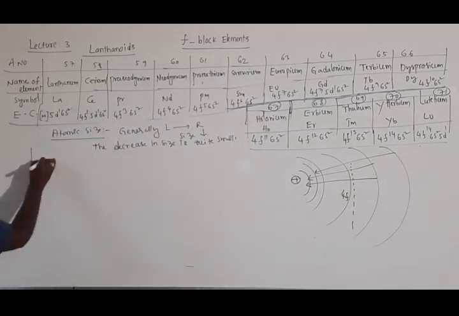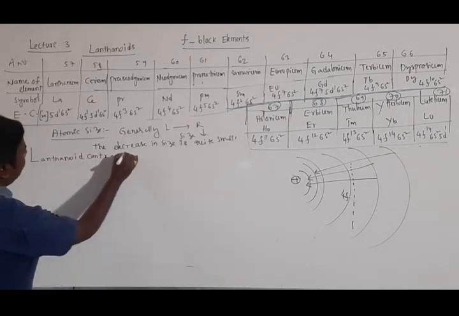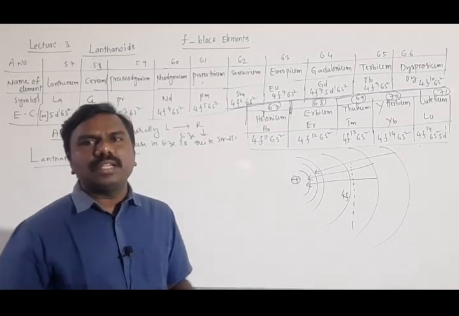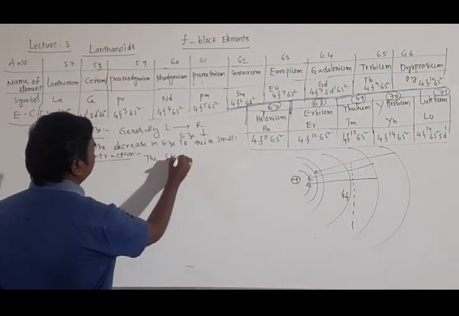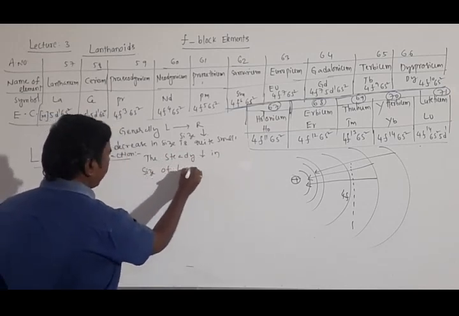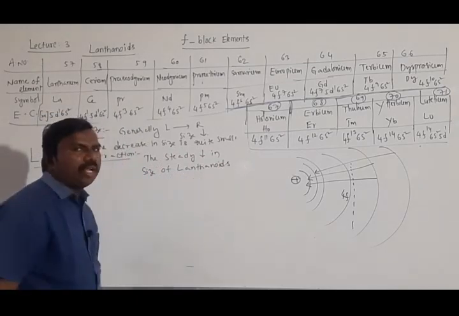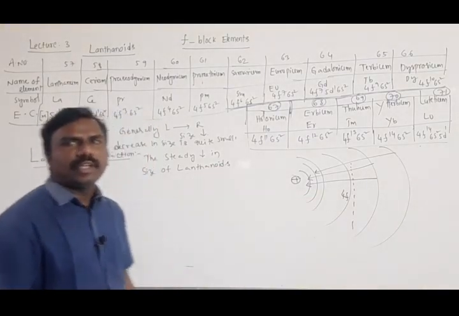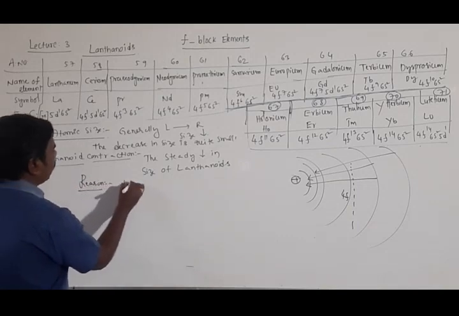Now the important topic is lanthanoid contraction, already discussed in d block elements. The steady decrease in the size of lanthanoids is called lanthanoid contraction. Reason: due to imperfect shielding of 4f electrons.